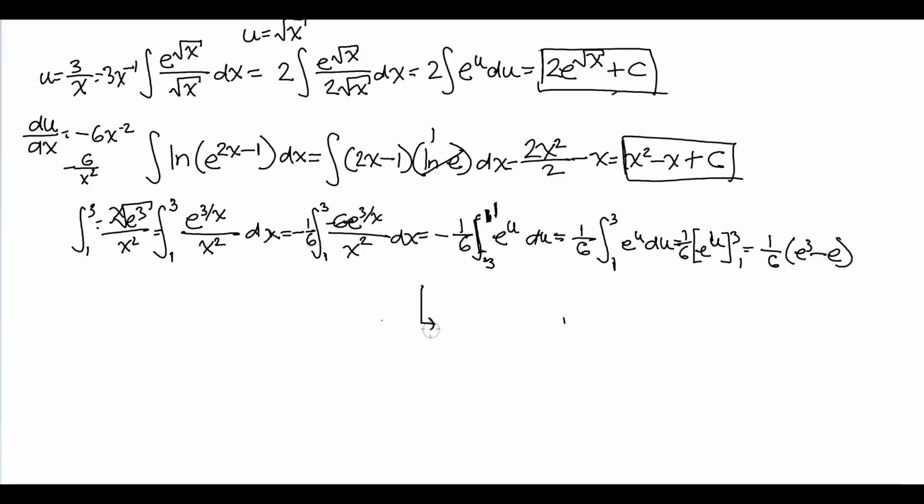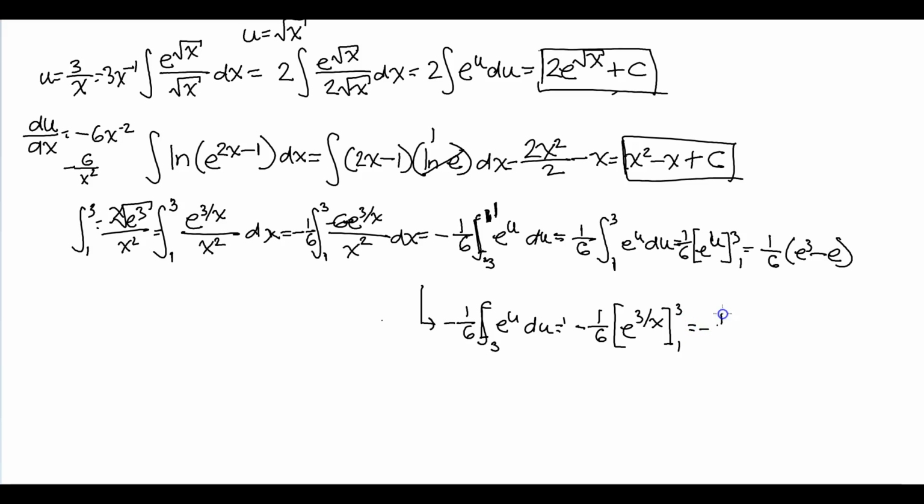Now, if we didn't change the limits of integration, you get negative 1/6 times the integral of e to the u du, which equals negative 1/6 times e to the 3 over x from 3 to 1.